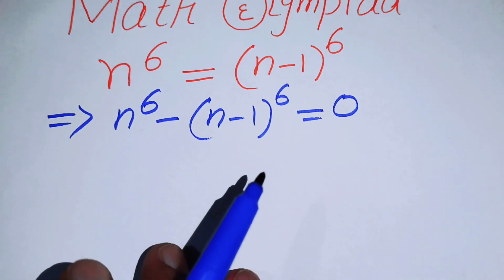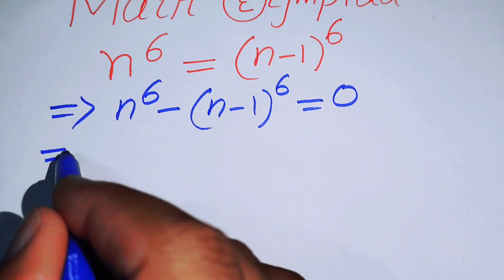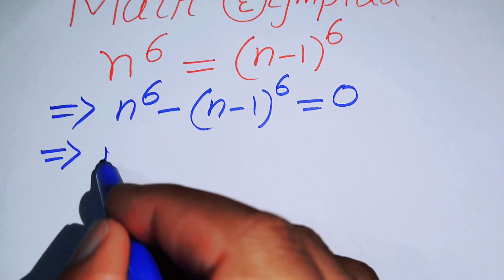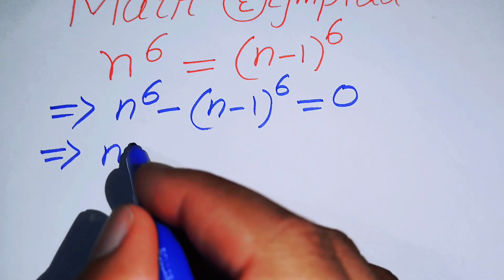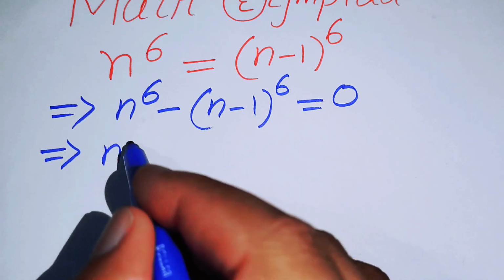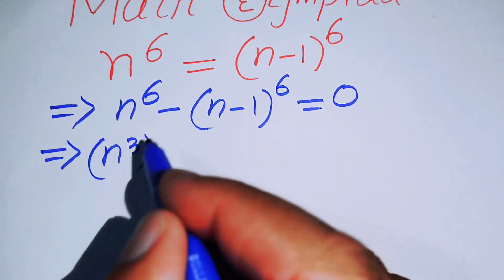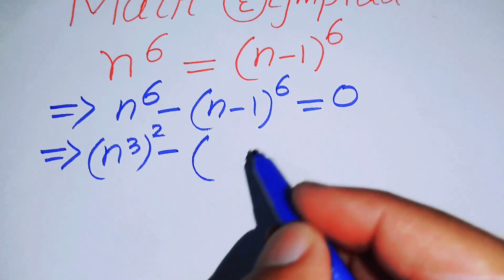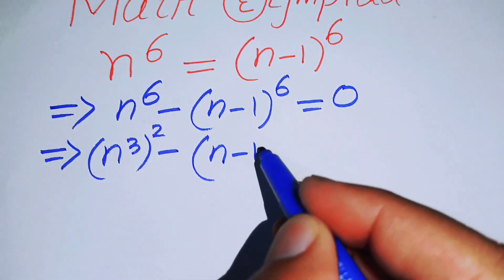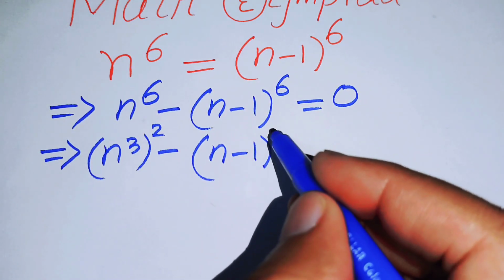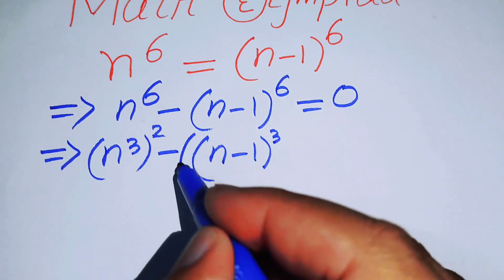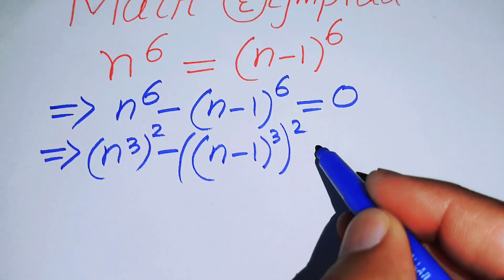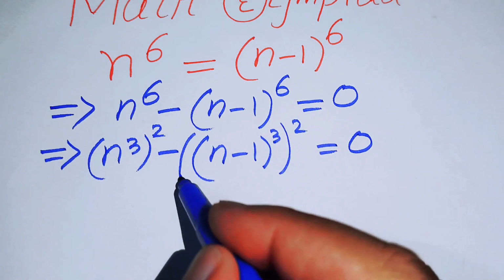Now we can rewrite this equation as (n cubed) whole squared, minus, again we write this as ((n minus 1) cubed) whole squared, and this whole equation is equal to 0.